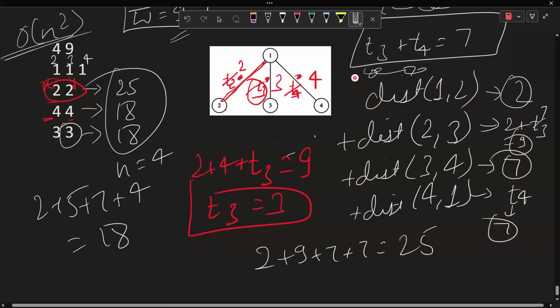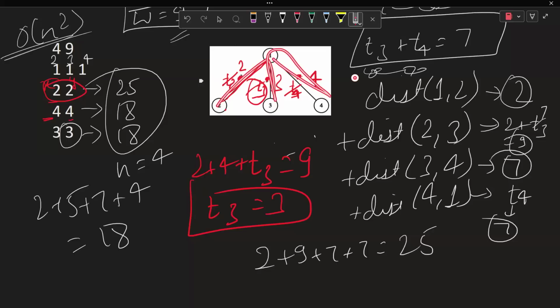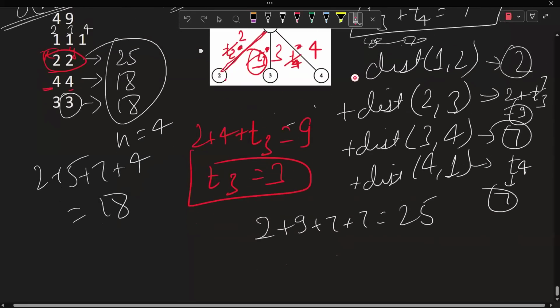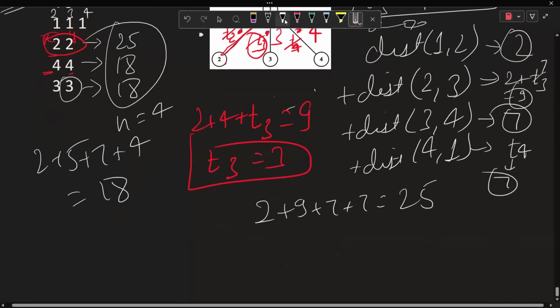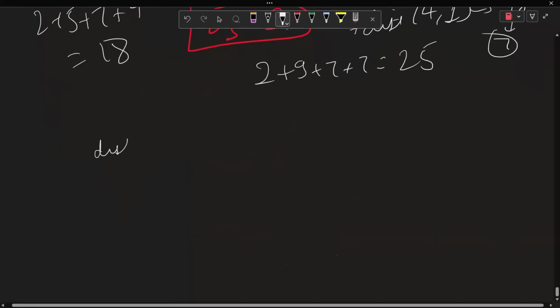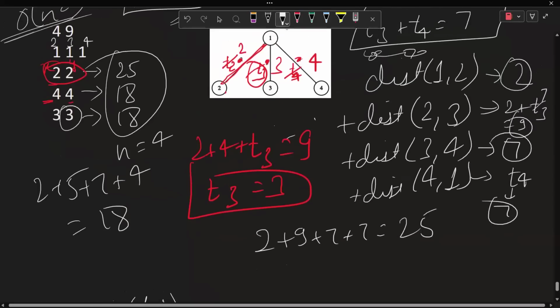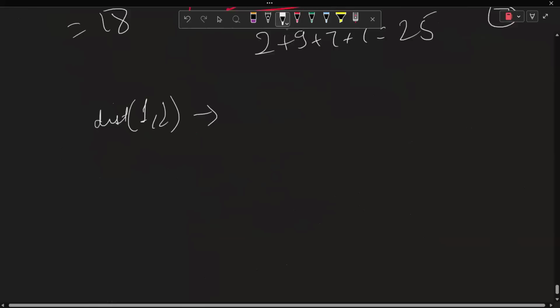Now, in the distance, you basically need to find the sum of the distances. So when you traverse from 1 to 2, just add this sum. Then from 2 to 3, this edge would appear. Then from 3 to 4, this would appear. Then 4 back to 1, this would appear. Now let's say, what would my answer be? That would be distance 1, 2, which was from 1 to 2. It was T2.